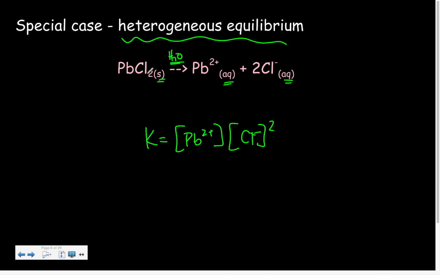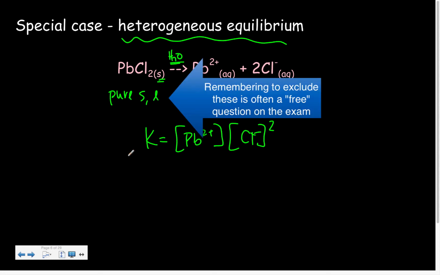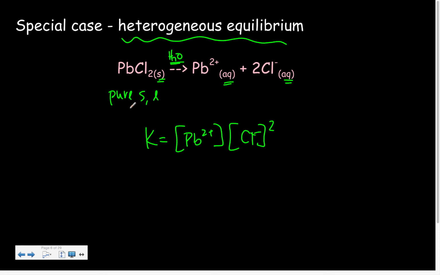Pure substances, either pure solids or pure liquids, are excluded from our equilibrium expressions. Going back to the activities, their activities would always be 1, going back to their reference value. But from a more logical point of view, if I have a pure solid PbCl2, its concentration cannot change. If I double the mass of this, I double its volume, etc. So the actual concentration of my PbCl2 can't change, which means that it can't be part of my K expression.